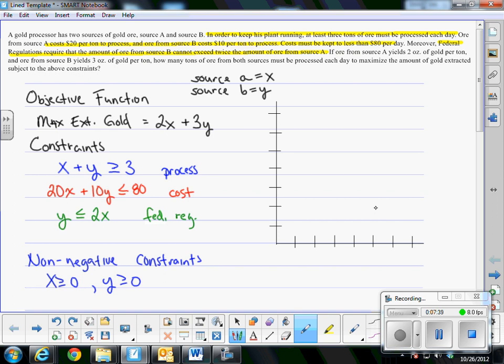Okay, so I'm going to go ahead and graph these inequalities and see if we can learn anything about this question once we do that. That first inequality is x plus y is greater than or equal to 3. I'm going to use the idea of x-intercepts and y-intercepts to graph this. If I know x is 0, in this case, if x is 0, y is going to be 3.